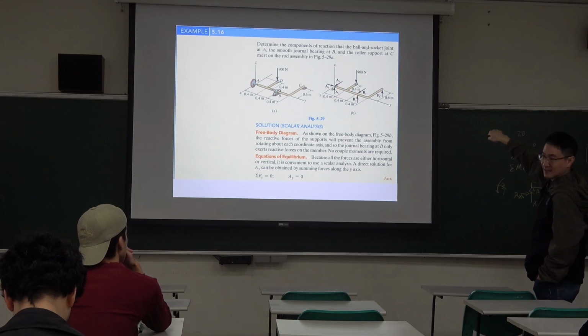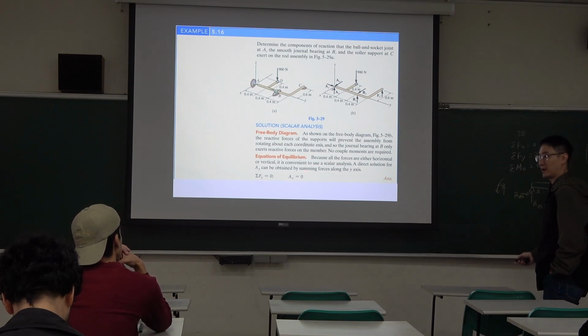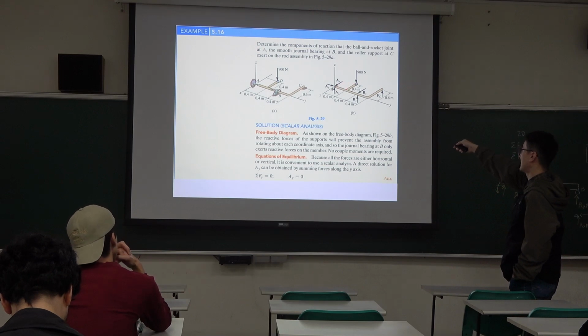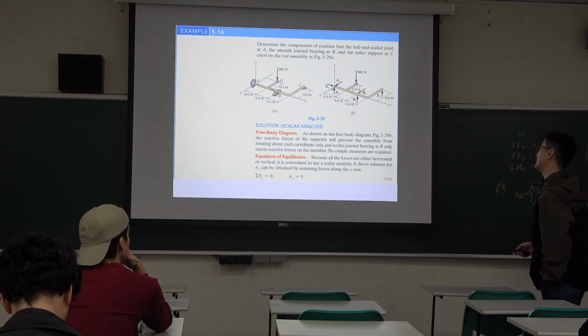Okay, so no other y direction force, only AY. So AY must be 0. Okay, AY must be 0. So when AY is 0, that means we only have 5 unknowns.